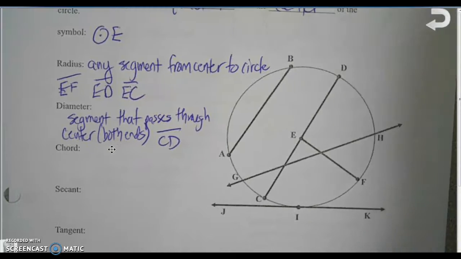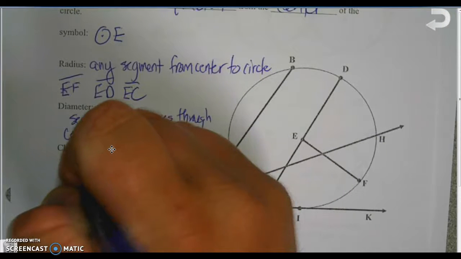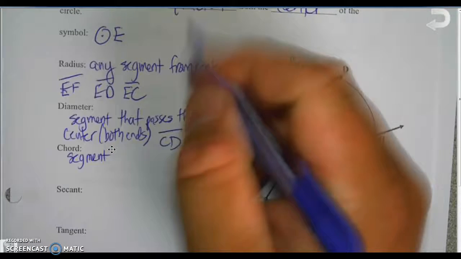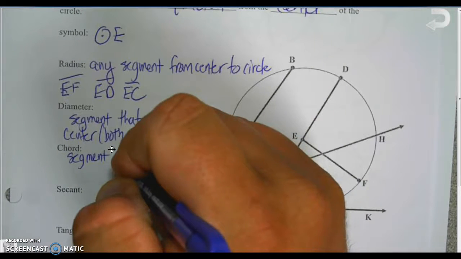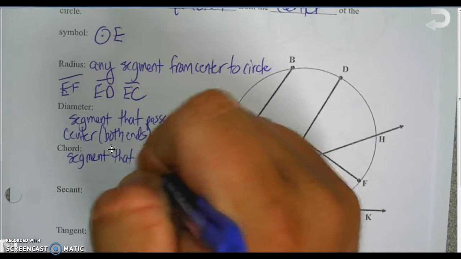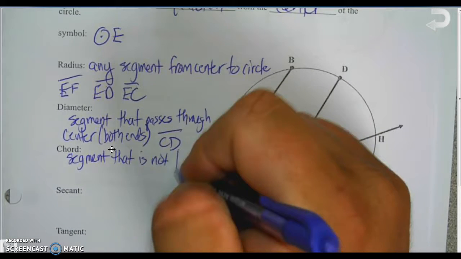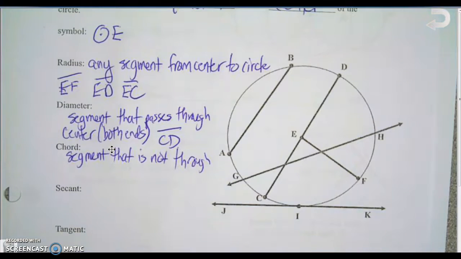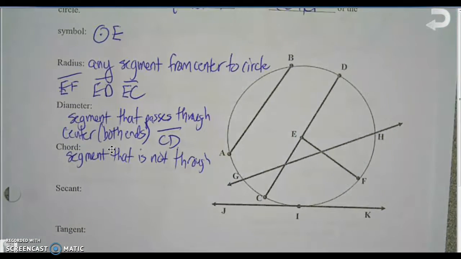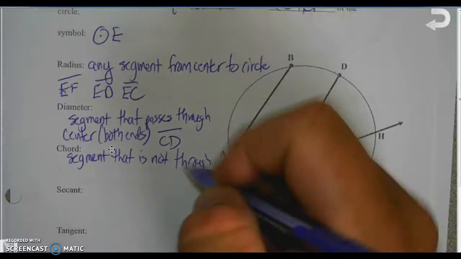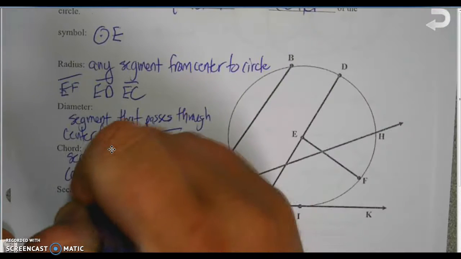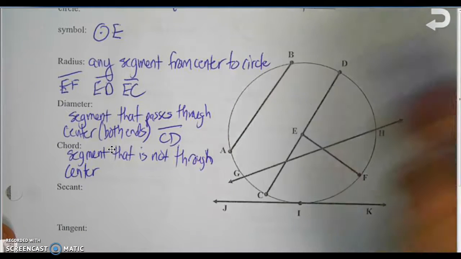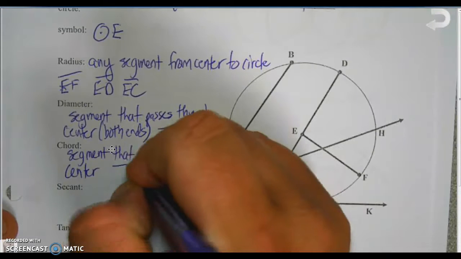A chord is a segment that does not go through the center. And so an example of a chord in this circle is AB.